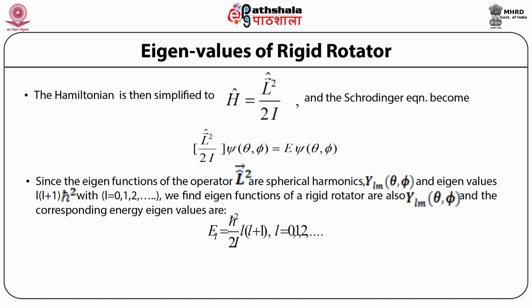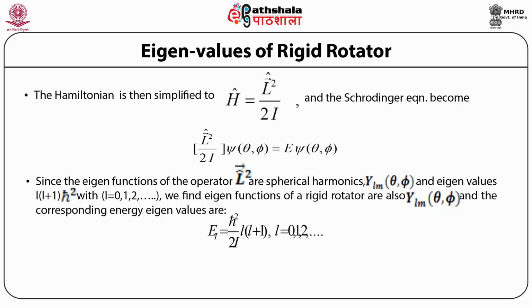Using this, we can find the eigenfunctions of a rigid rotator, and we see that these also turn out to be spherical harmonics, that is, they also turn out to be Y Lm theta phi, and the corresponding energy eigenvalues are then given by E L is equal to h cross square by 2I times L into L plus 1, where L takes the values 0, 1, 2 and so on.